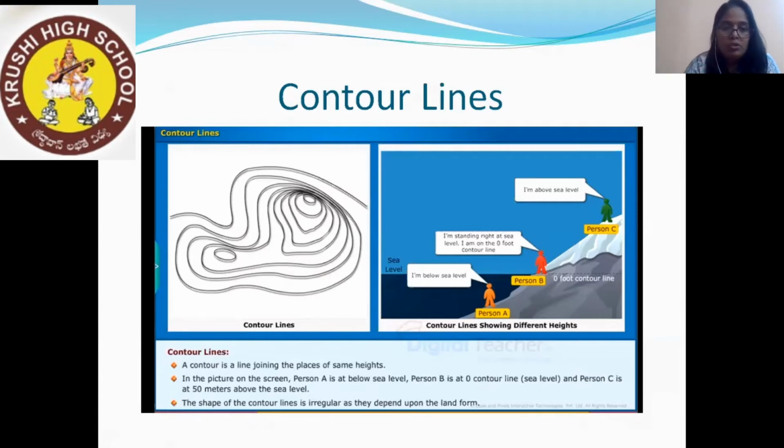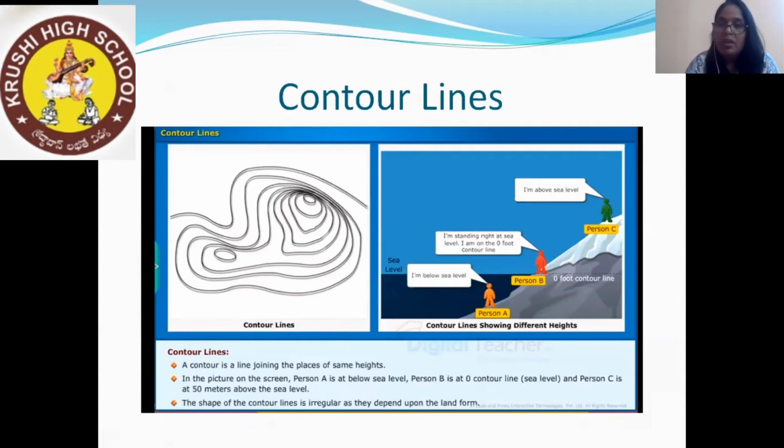Right, in this picture on the screen, person A is below sea level, person B is at the 0 contour line, sea level, and person C is at 50 meters above the sea level. The shape of the contour line is irregular as they depend upon the landform. So in the image you can see person A is standing below the sea level, because the sea level is considered as 0 meter.